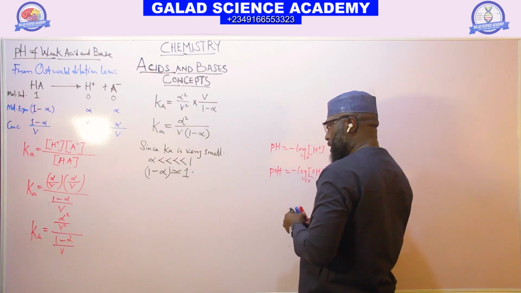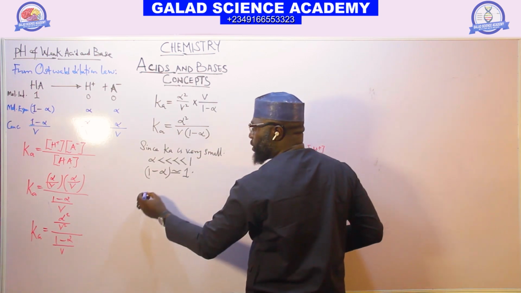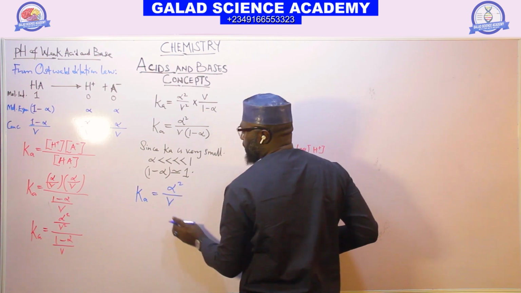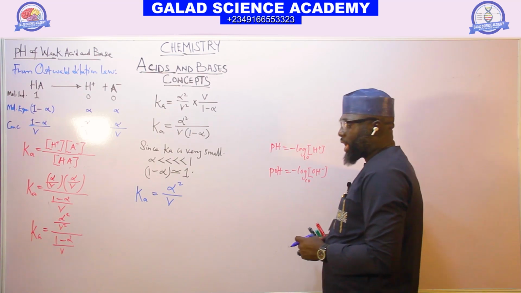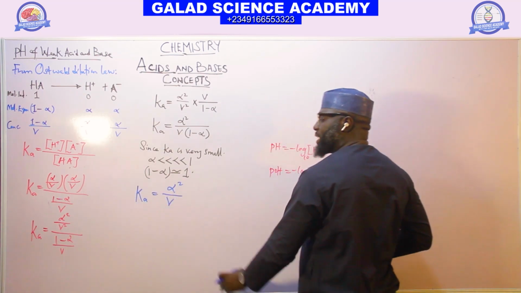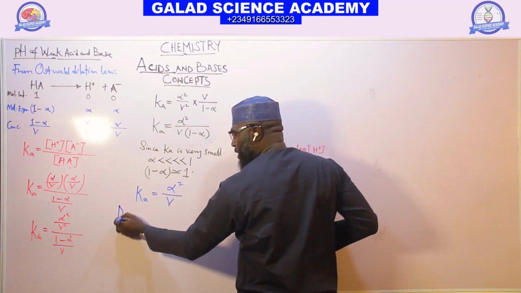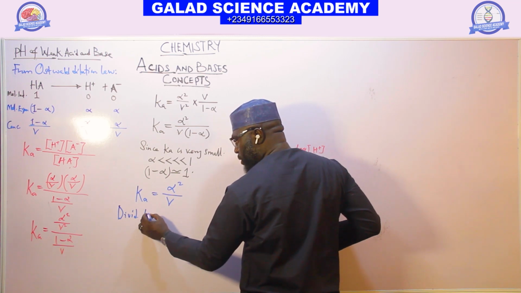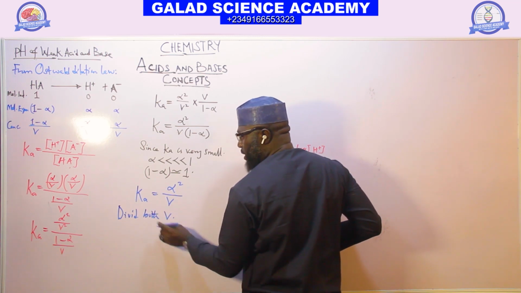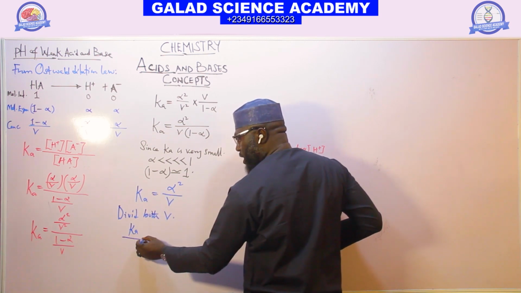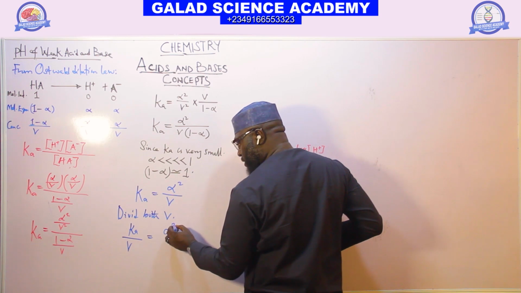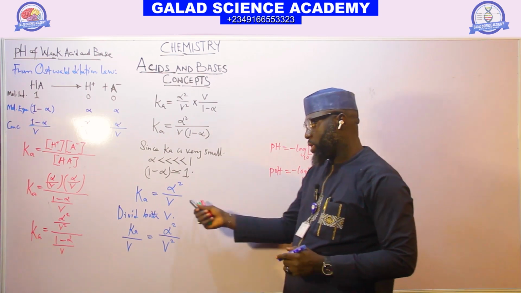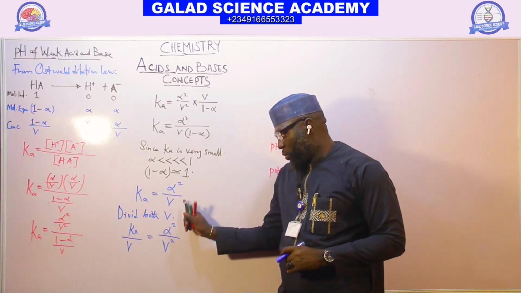As a result of that, we now have Ka equal to alpha square V. The next thing is to divide the left hand side and the right hand side both by V. You will now have Ka over V equal to alpha square over V square. We have 1 V here.